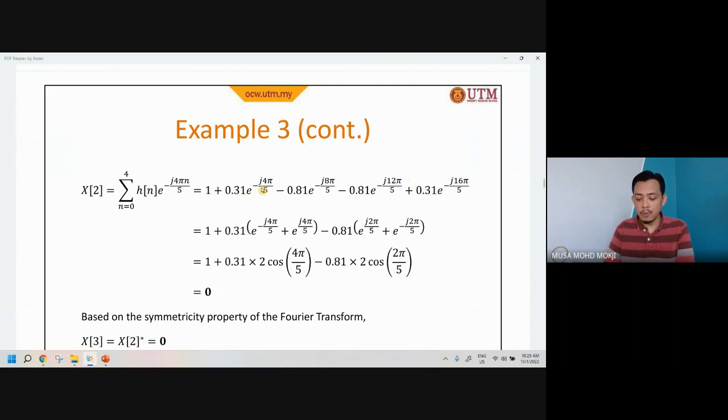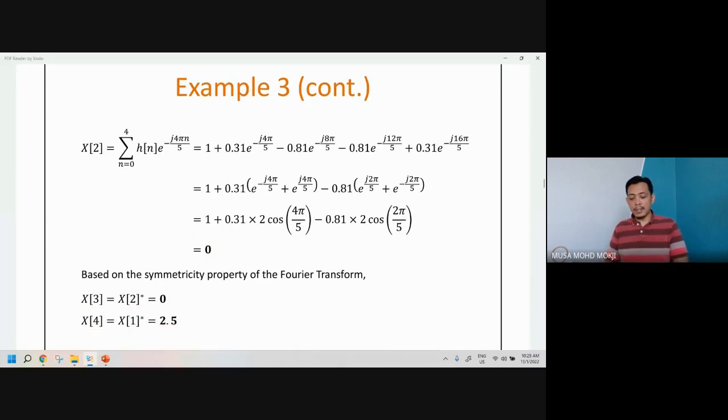Now you can group this one and this one, so it becomes e to the minus j 4 pi over 5 plus e to the j 4 pi over 5. Same thing here, and you will get 2 cos 4 pi over 5 here and 2 cos 2 pi over 5 here. Then just solve it. In this case you will get 0. Do everything, and lastly you get 0. So then it's good.